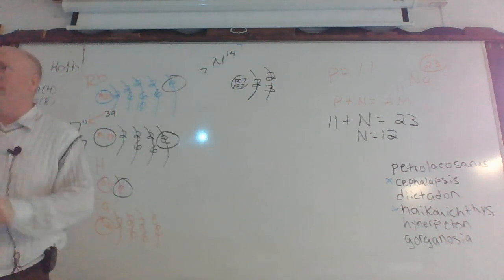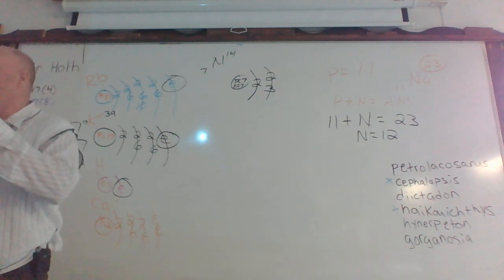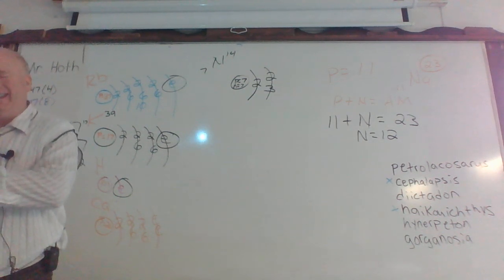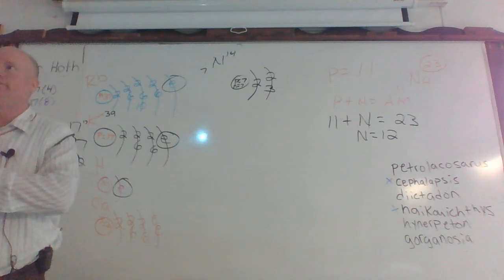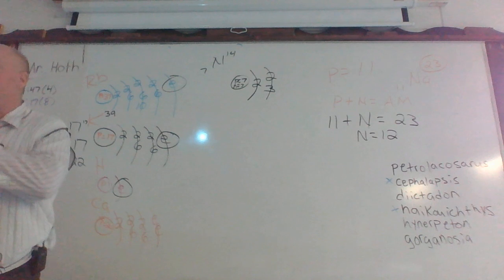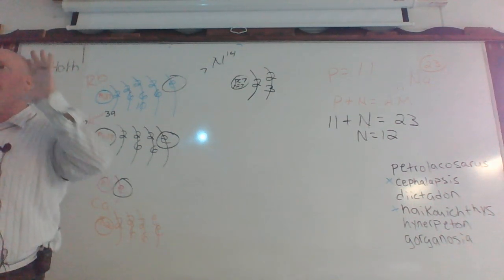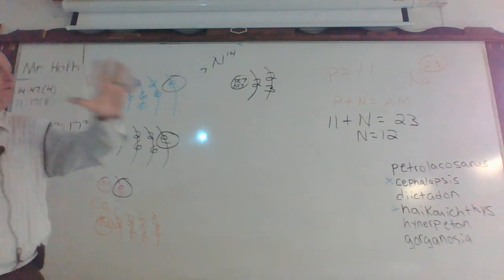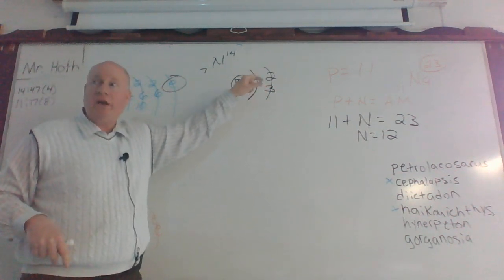Remember, it can hold 6, but in the P block, it's in which column? 3. But in the entire energy level, it's in the 5th. So when we put those 2 together, they tell you which column it's in.